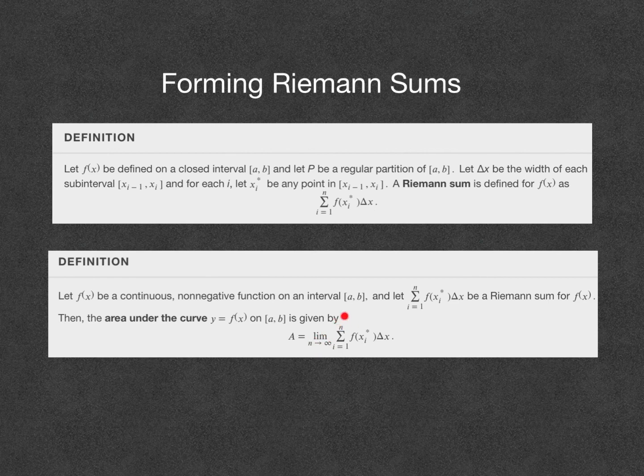So we let this upper index approach infinity, and then we essentially have an infinite number of rectangles that we're adding together. And that will give us the exact area underneath the curve. We're not going to go through an example using the limit for a Riemann sum, but just introducing that topic is how we close out this section.